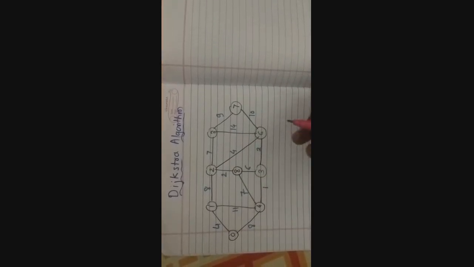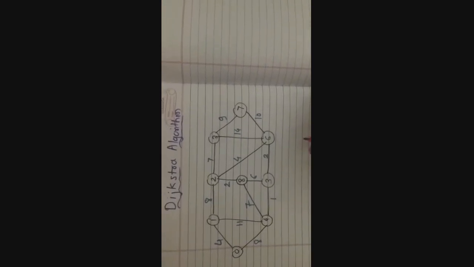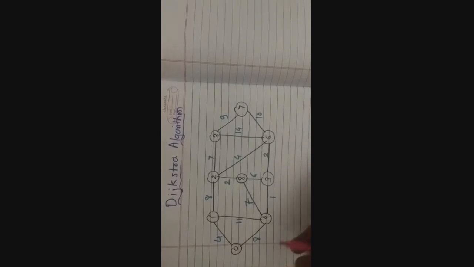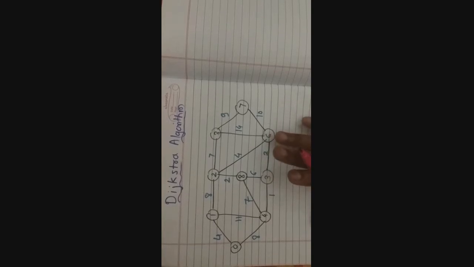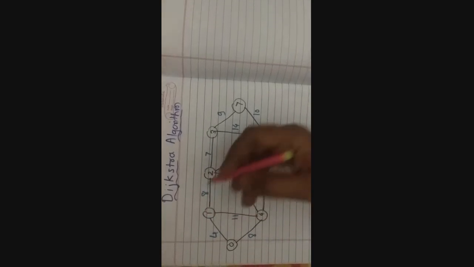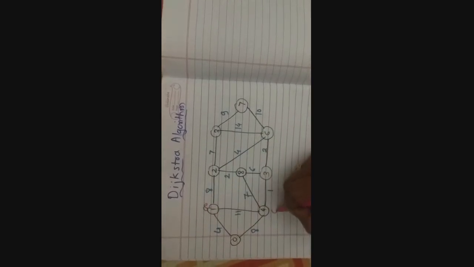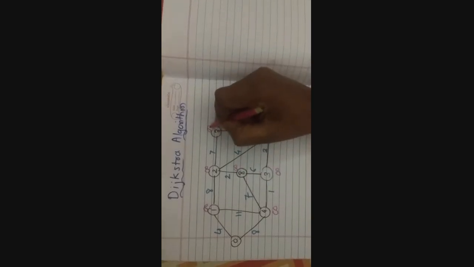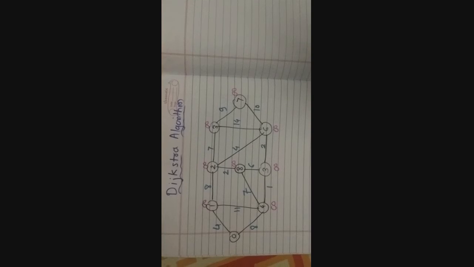So the first step is to mention the distances of all the vertices from this source vertex. In the first step we don't know the distances of the vertices, so mention all the distances as infinity. All the vertices have distance infinity because we don't know the distances.